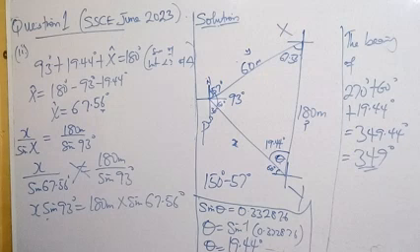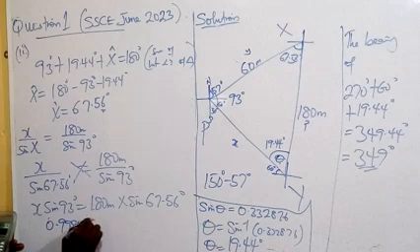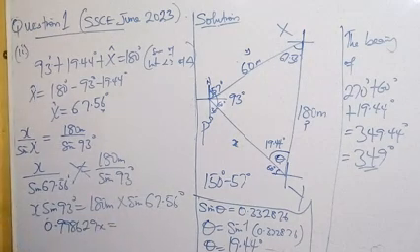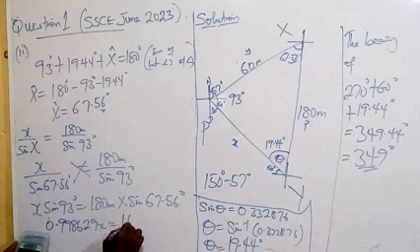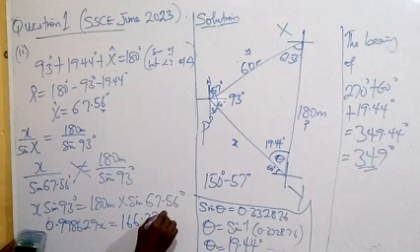Sine 93 gives us 0.998629x equals, let's find this together, sine 67.56 multiplied by 180. So we have 166.3704.